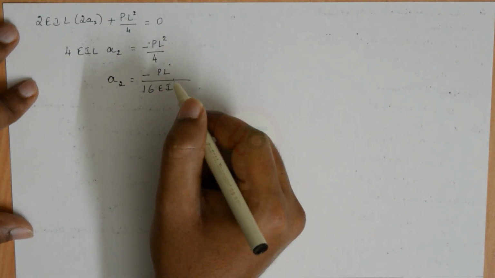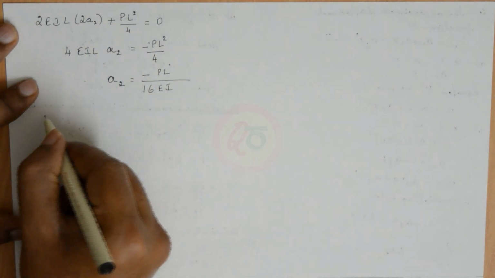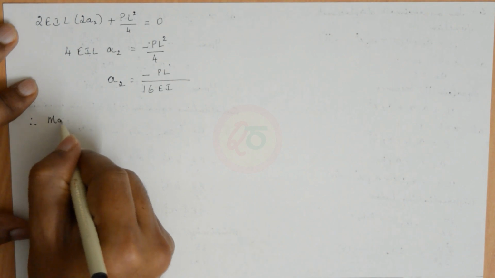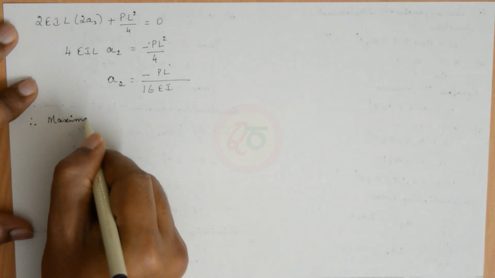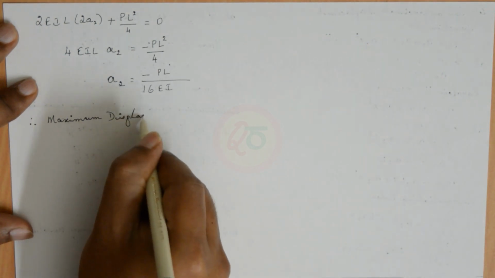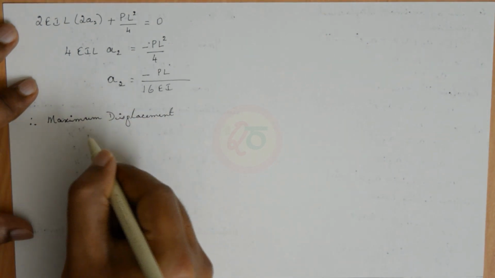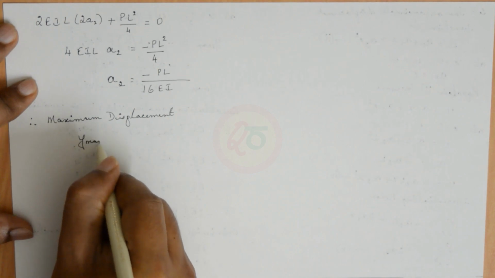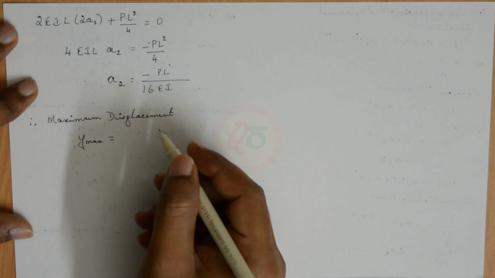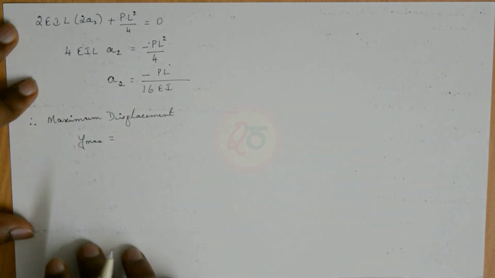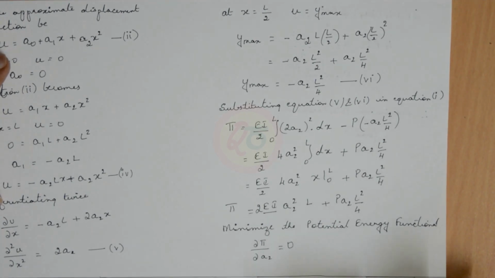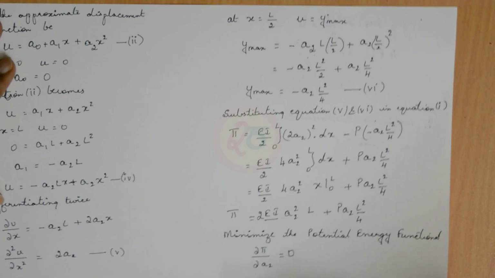This is the value of a2. So therefore, maximum displacement Y max is equal to, what is the value of Y max that we have obtained? It is minus a2 L square by 4.